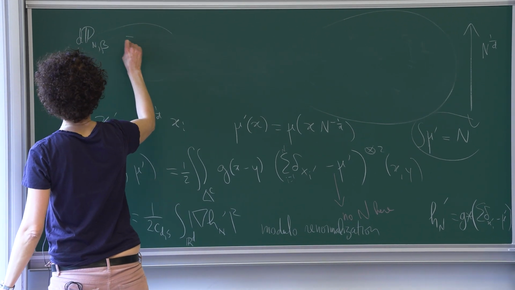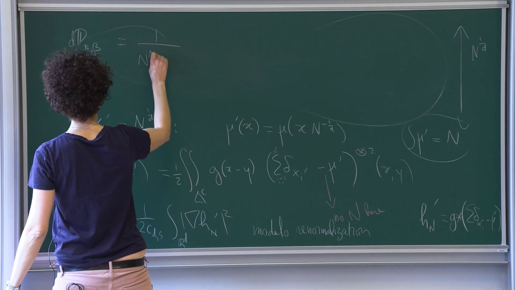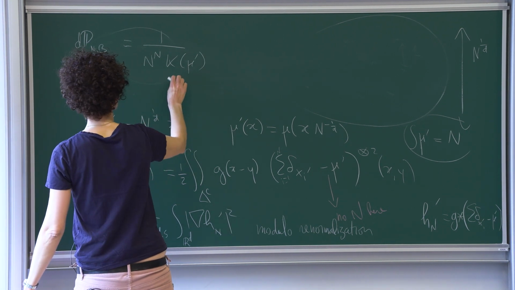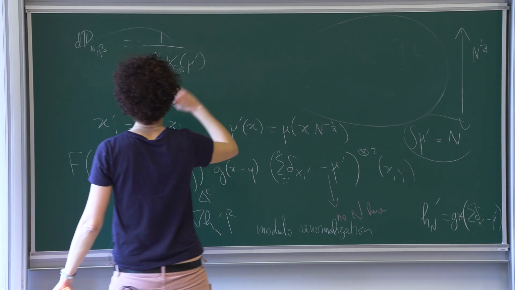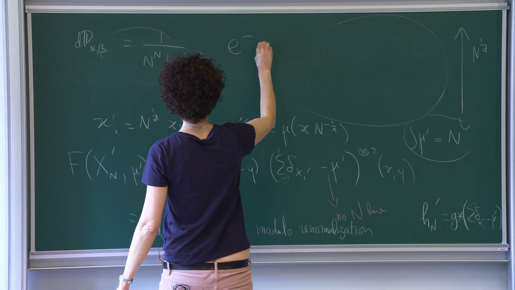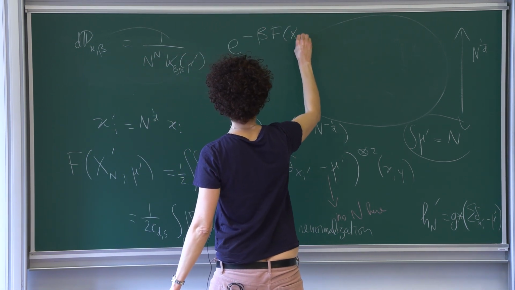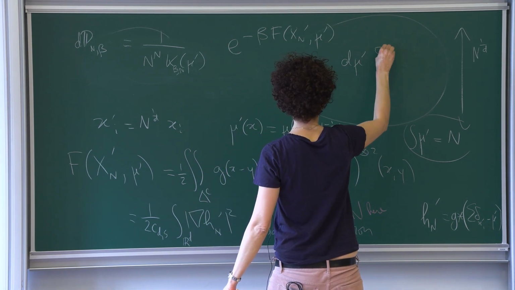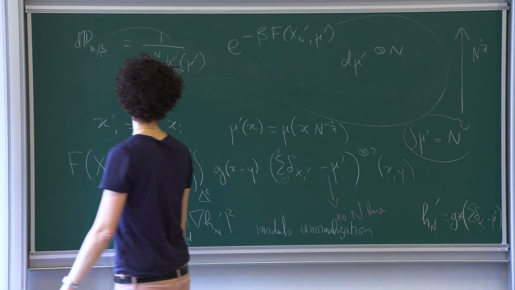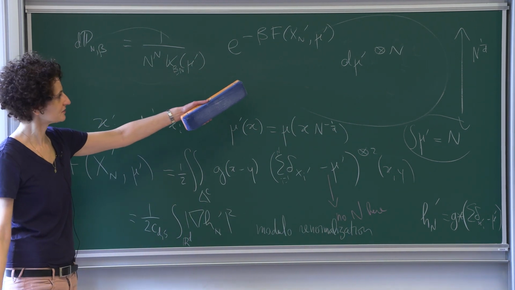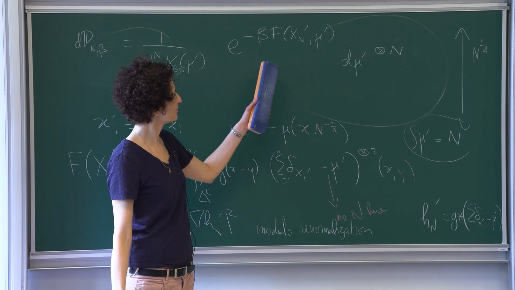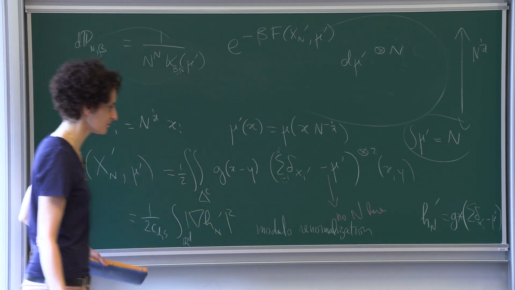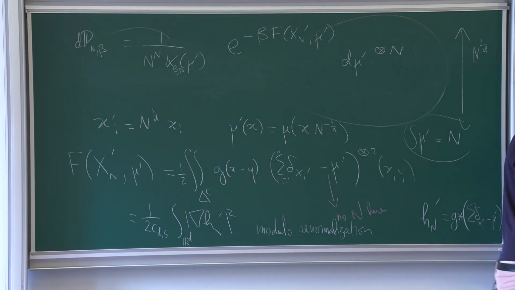So dPn beta is also equal to, and here we're going to factor out an n to the n. So there's some normalization again, and here e to the minus beta f xn prime mu prime d mu prime tensor n times. So this is in blown up coordinates. The reason to blow up is it makes things more natural, maybe easier in some sense, and you still have to have a normalization, a partition function.